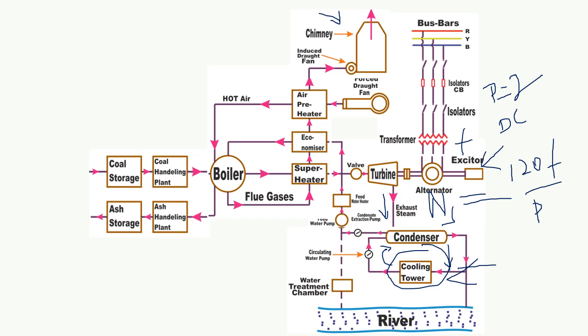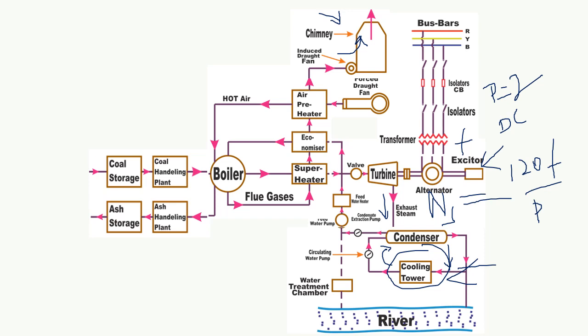Whatever gases come out of the thermal power plant pollute the environment, so we need to take the dust particles out of the flue gases coming out of the boiler before releasing them into the environment.